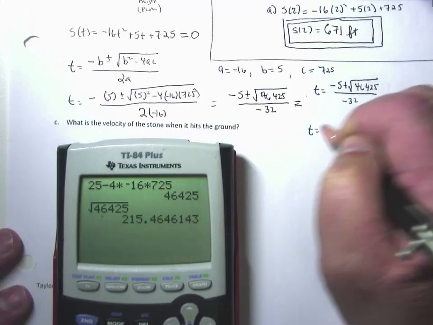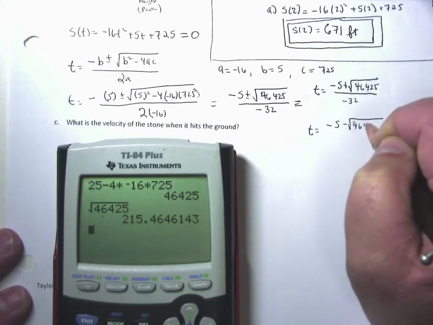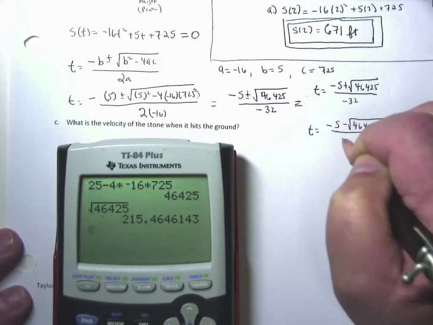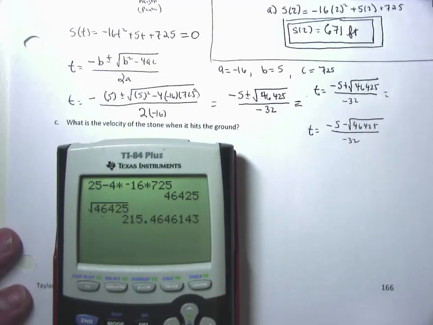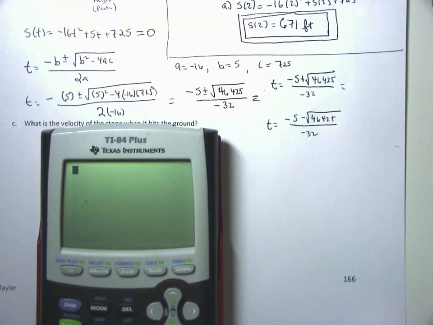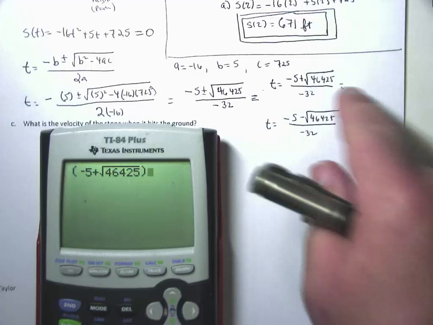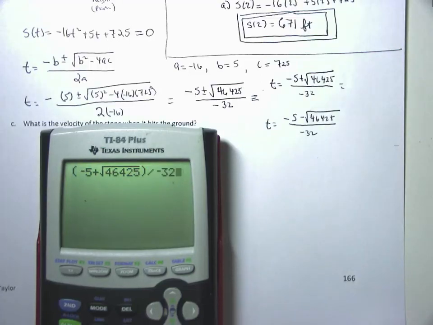And the other answer is negative 5 minus the square root of 46,425 divided by negative 32. Just be careful on the old parentheses here. The parentheses are in your numerator. Negative 5 plus the square root of 46,425, closed parentheses for the numerator, divided by negative 32.